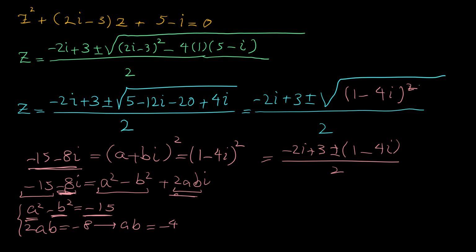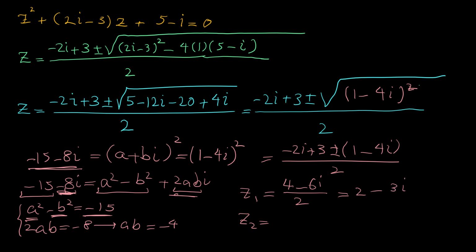If we consider the plus, we get one answer, and if we consider the minus, we get another answer for z. If we consider the plus, we have negative 2i plus 3 plus 1, which is 4. So we have 4. Negative 2i plus negative 4i is negative 6i. Divided by 2, it would be 2 minus 3i.